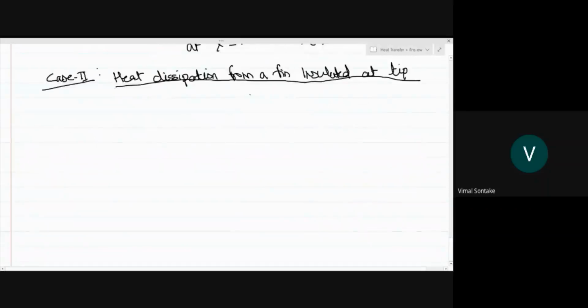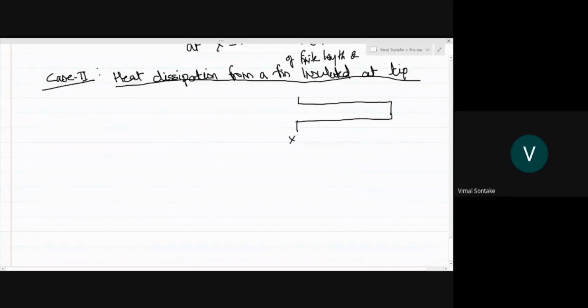So let us first draw the schematic of this. Let us consider there is a fin of finite length. Okay, heat dissipation from a fin of finite length L and insulated at tip. What does it mean?